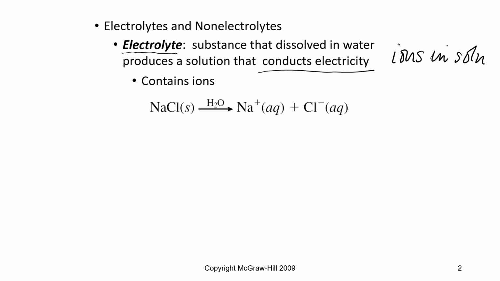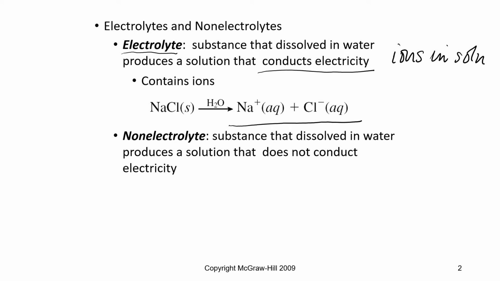Example here, sodium chloride dissolved in water. It doesn't remain as a crystal. It dissolves, and when it dissolves, it separates into its composite ions, sodium ions and chloride ions, and that's what enables the conduction of electricity.